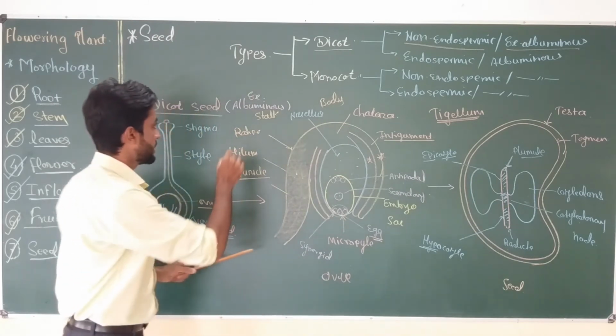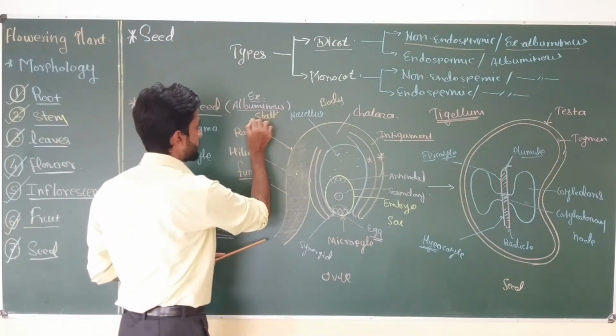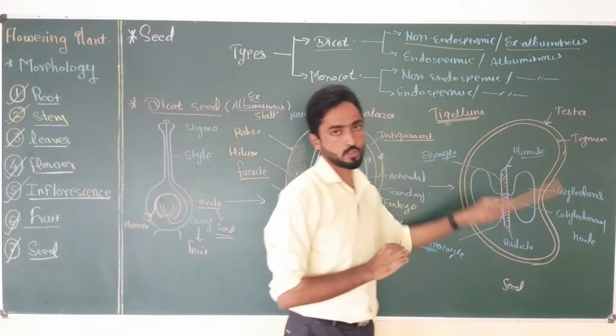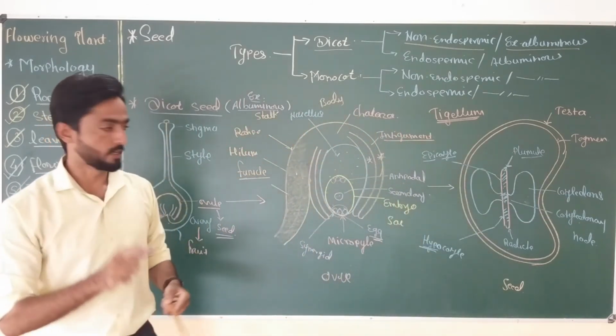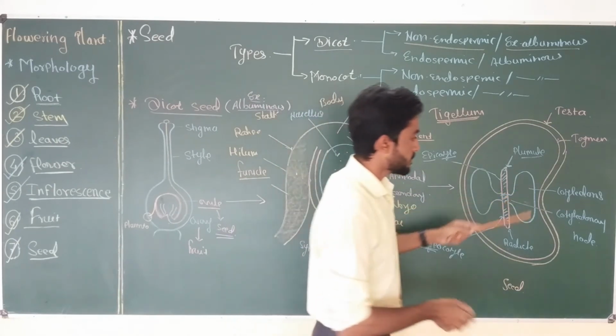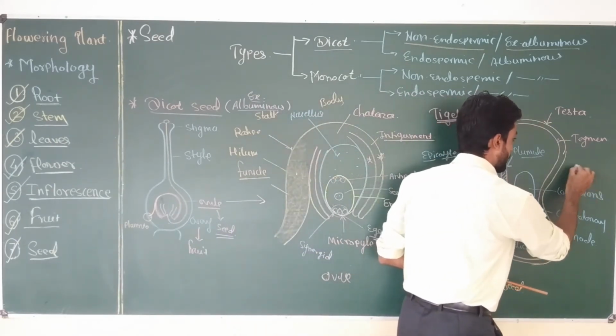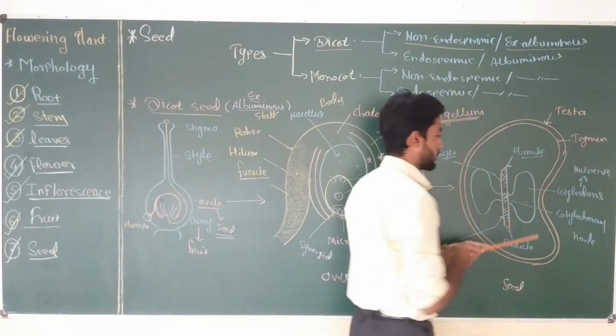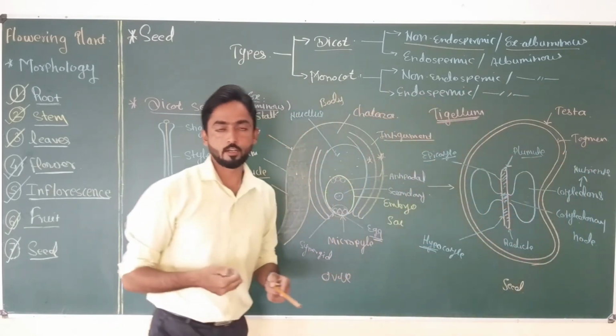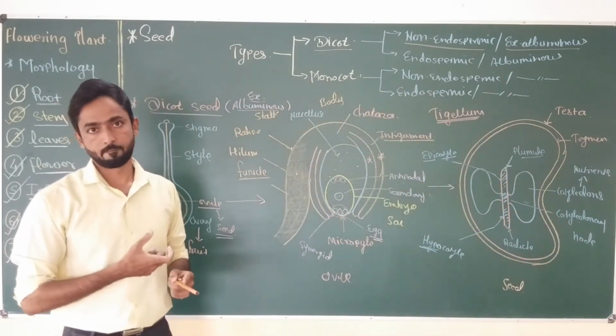Remember that this is the exalbuminous seed. So this type of seed does not show endosperm or storage of nutrients. Directly, the cotyledons store nutrients. Okay, so in this type of seed, the cotyledons become thick and fleshy.